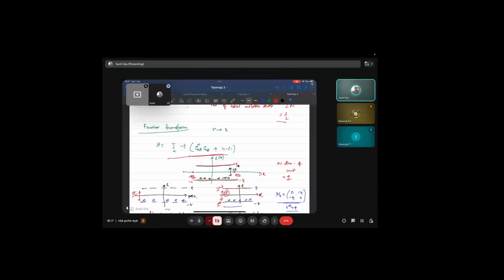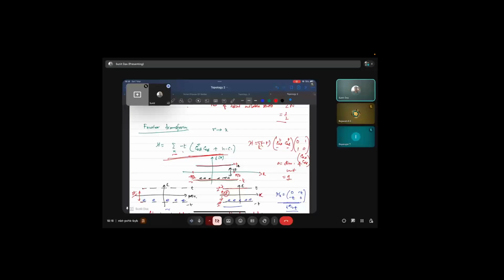If you write this Hamiltonian in the matrix form, you will write minus t sum over k, CKA dagger, CKB, a row matrix of two elements, then the matrix 0, 1, 1, 0, and then the column CKA, CKB. So how do you prove that this is the case?